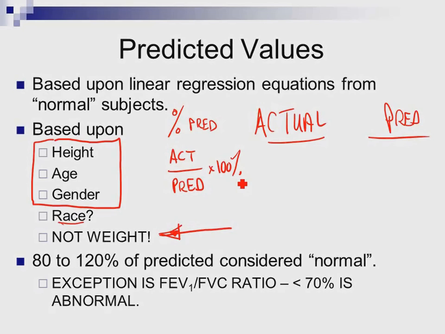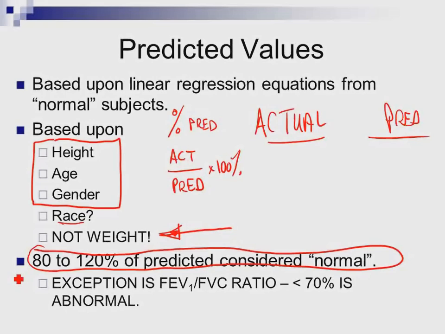We're going to consider quote-unquote normal 80 to 120% of their predicted value. So long as somebody's above 80% of their predicted, we're doing good. The exception to that is that FEV1 to FVC ratio that has a cutoff of 70%.